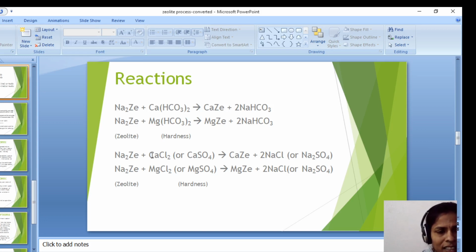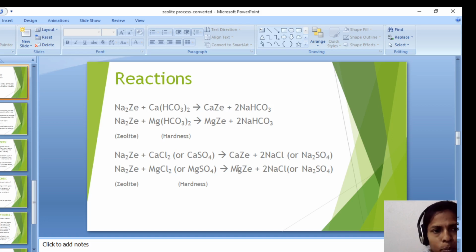This is another reaction. Here also the calcium ions and magnesium ions are replaced with sodium ions. The calcium ions are replaced with sodium, and magnesium ions are also replaced with sodium, to produce calcium zeolite and magnesium zeolite.